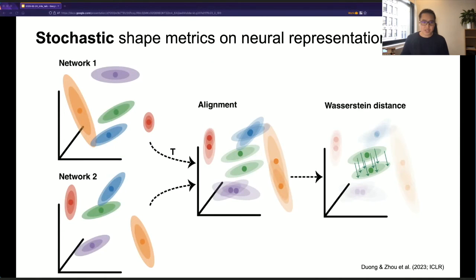So the previous slide showed you two networks' responses to a single stimulus. In the more general case, we're showing several stimuli and recording conditional densities in the responses to several stimuli.